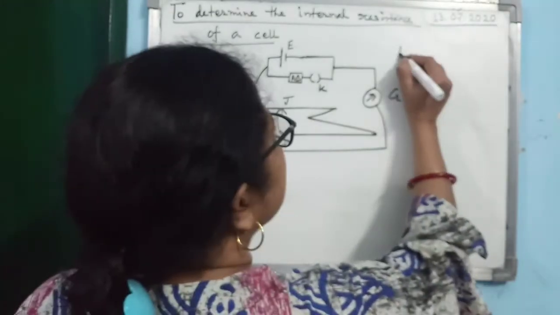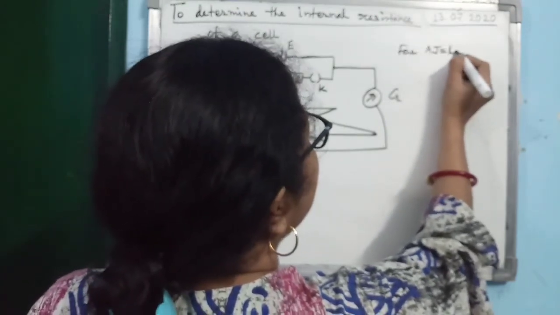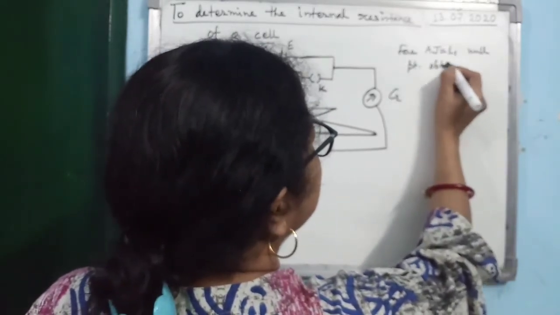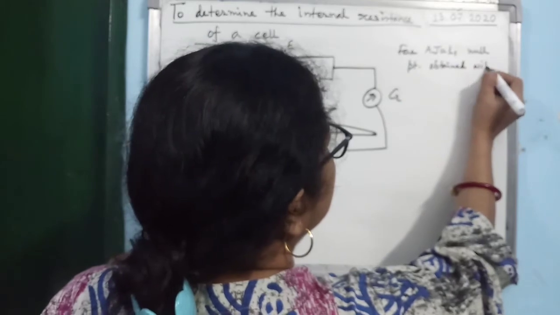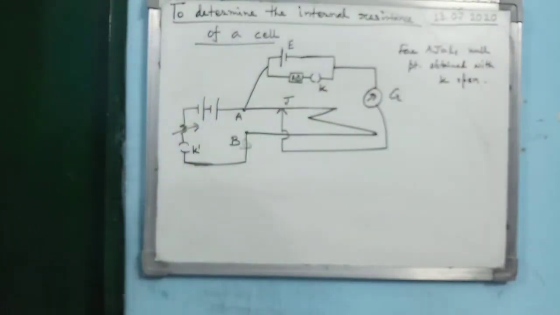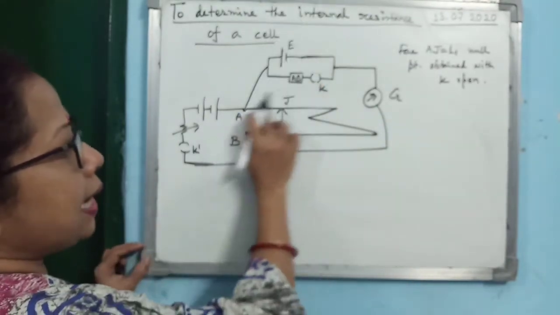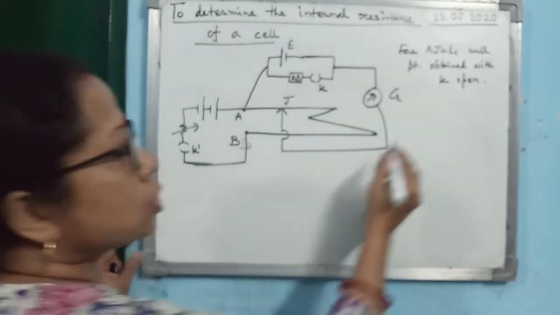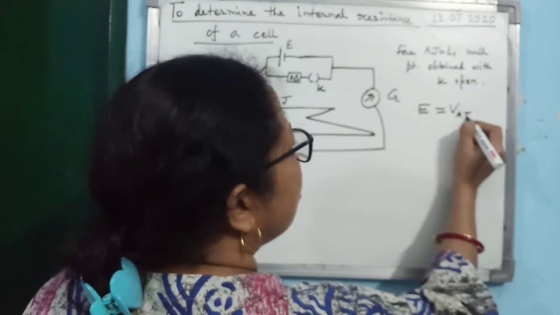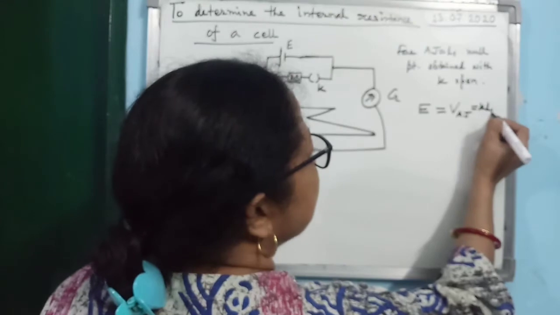And let us consider AJ equal to L1, null point obtained, with K open. Is that clear? So you see, when K is open, it means the EMF of the cell is included within the circuit. So just like the previous one, you can write E is equal to the potential difference across AJ, equal to K into L1.